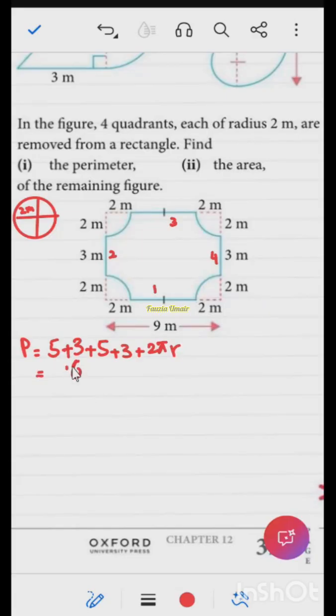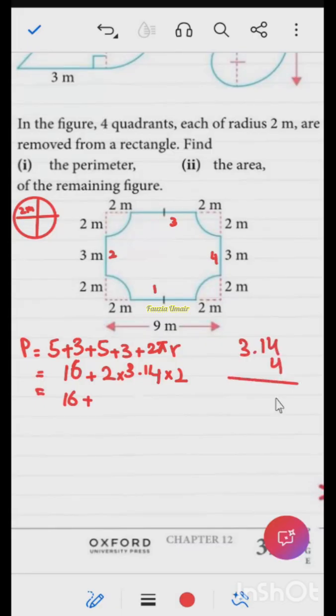Now we can calculate this one: 2 into radius, which is also 2, multiplied by pi, 3.14. So 16 plus, 2 times 2 is 4, and 4 multiplied by 3.14 is 12.56. So we will just add 12.56 here.